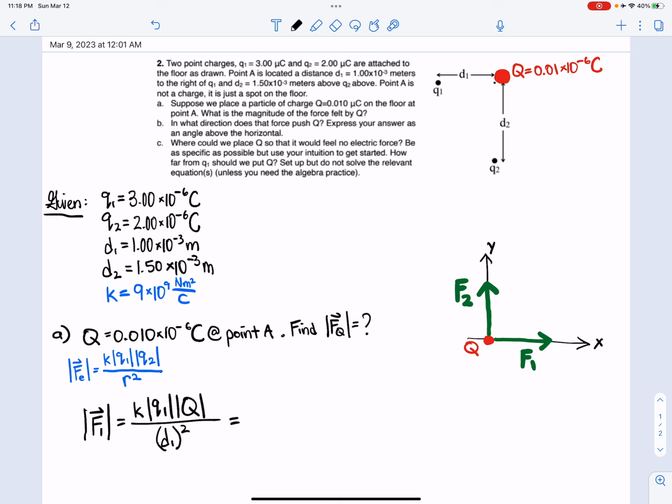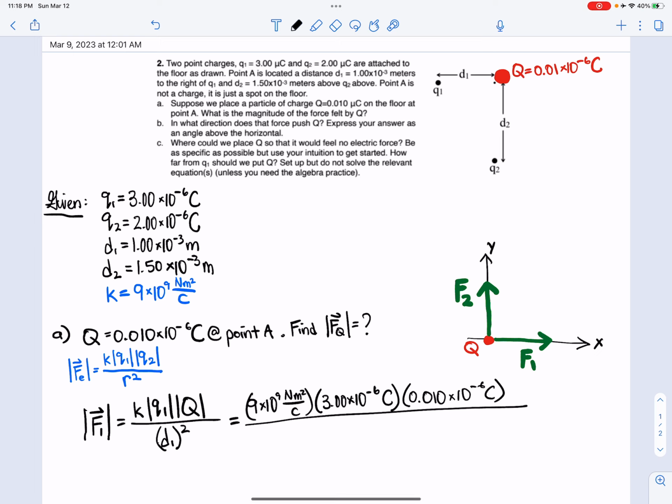That's K, which is 9 times 10 to the 9 newton meter squared per coulomb, times Q1, which is 3 times 10 to the minus 6 coulombs, times capital Q, which has a charge of 0.01 times 10 to the minus 6 coulombs.